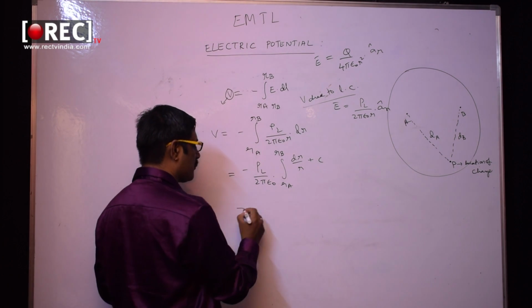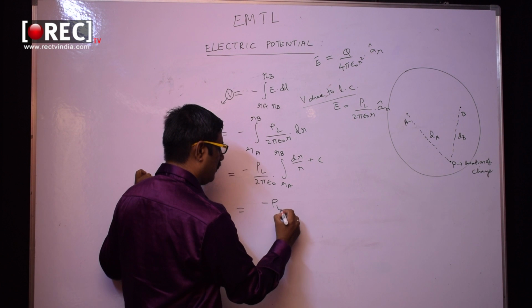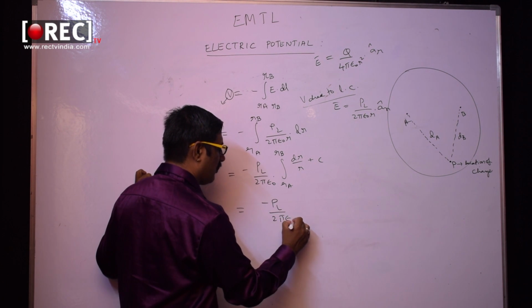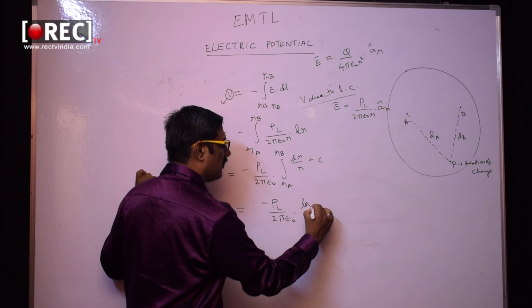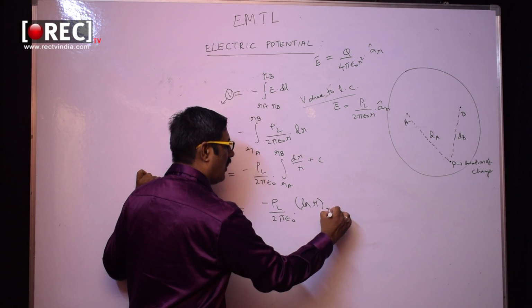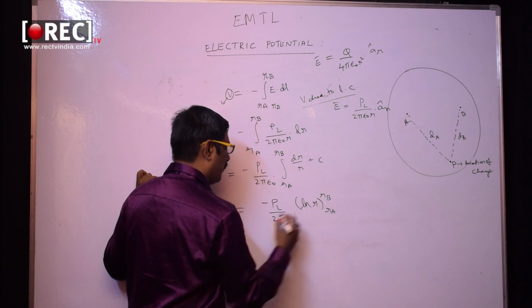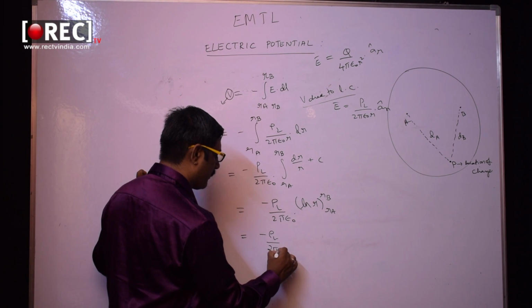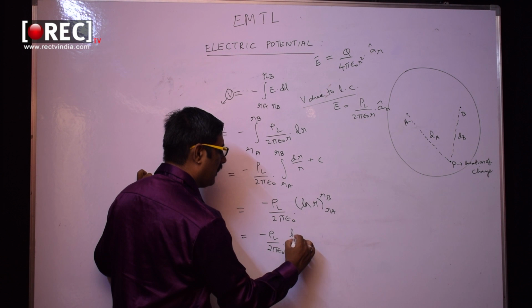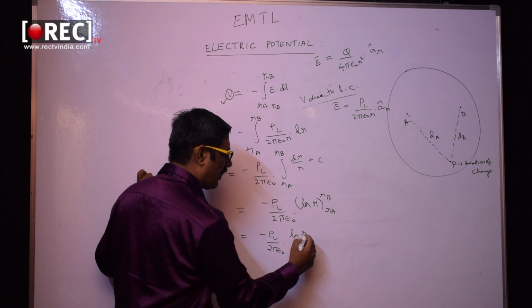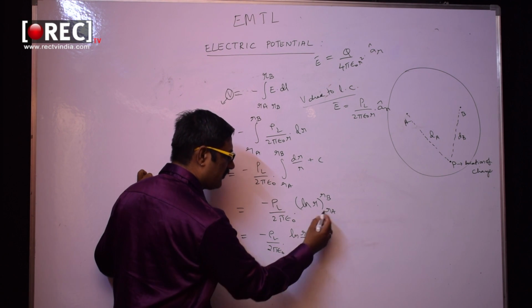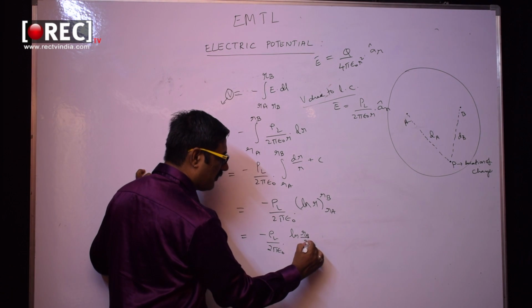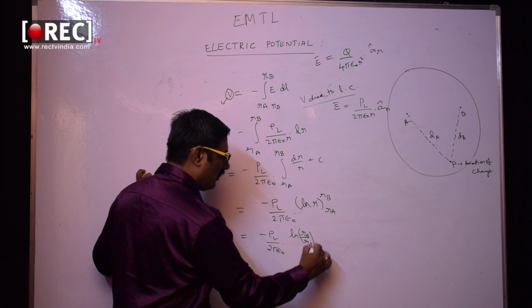Based on that assumption, it is minus rho L by 2 pi epsilon naught into ln of r from RA to RB. So it is simply minus rho L by 2 pi epsilon naught into ln RB minus ln RA, or simply ln RB by RA, with a minus sign.